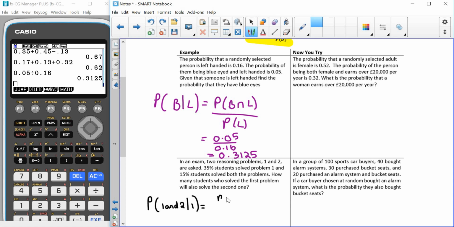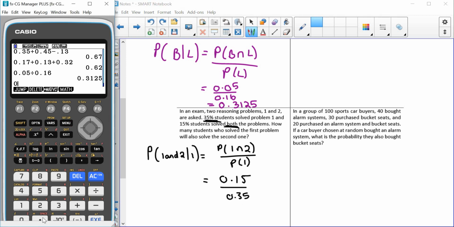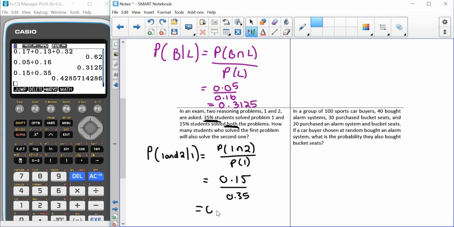So on the top, we're going to have the probability of solving 1 and 2 over the probability that they solved problem 1. Now, solving 1 and 2 is solving both the problems. So on the top, we're going to have 0.15, and on the bottom, the probability that they solved problem 1 is our 0.35, which gives us 0.15 divided by 0.35, which gives us 0.429 to 3 significant figures.